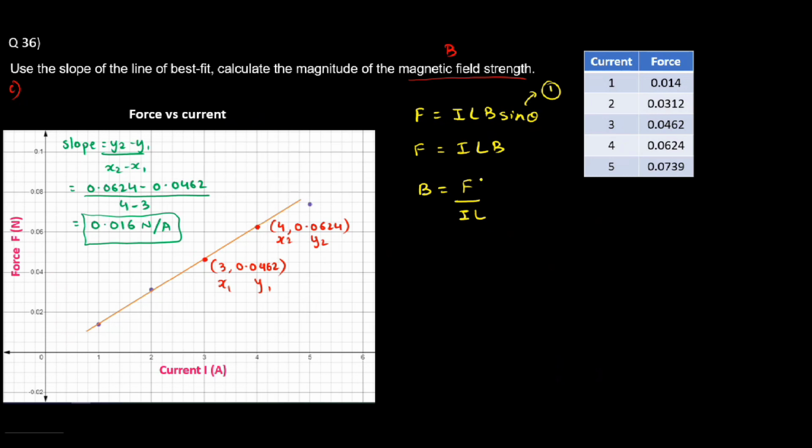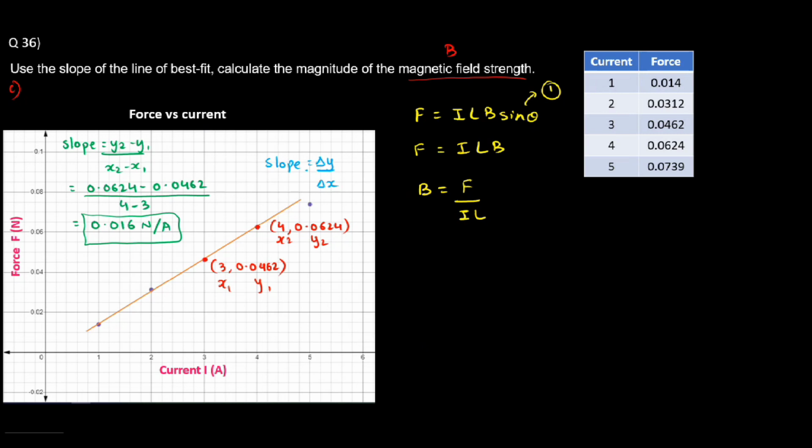I need to find out of these terms which one represents my slope. Only then can I use the slope over here. So what is my slope? When we find slope, we take the change in the y-axis over the change in the x-axis.